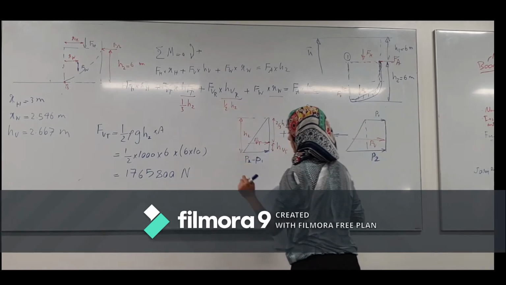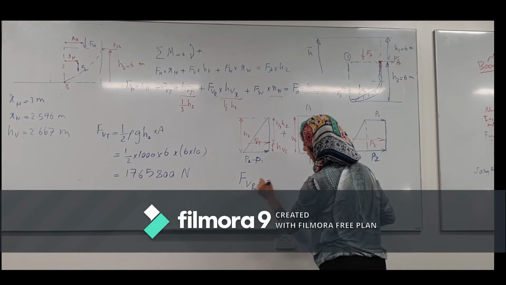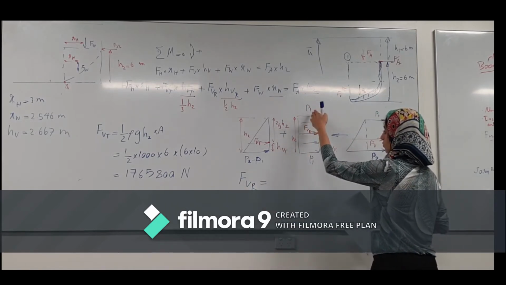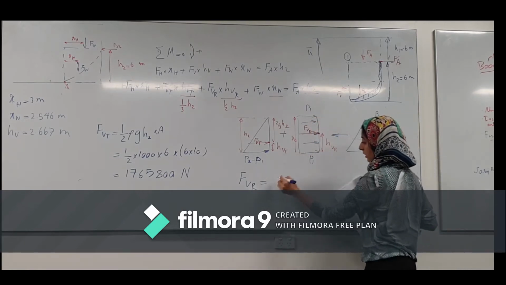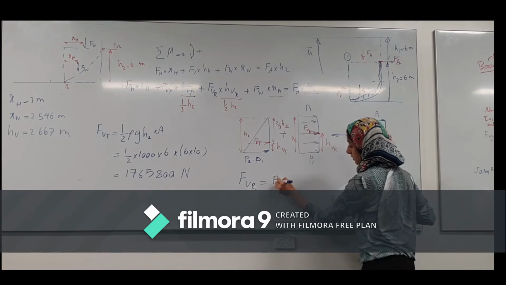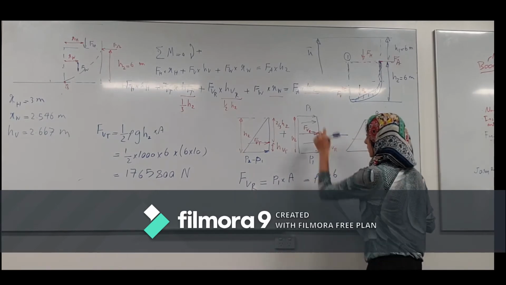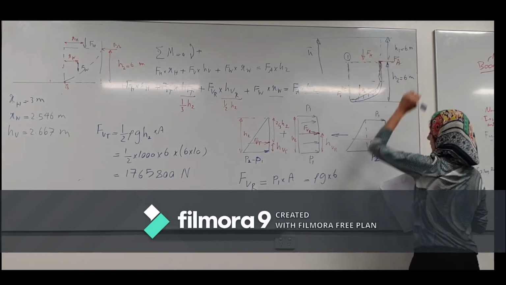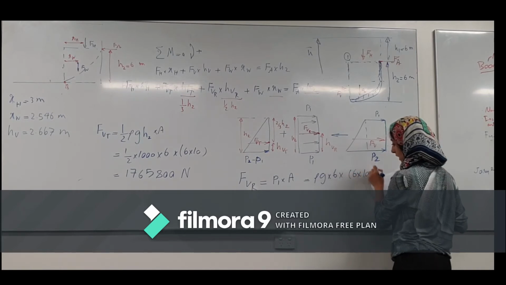The next one, the vertical force due to the rectangular shape, is the constant force. Whatever the P1 is, we just need to multiply it by this area. So it's P1 times area, and P1 is equal to rho g times 6 meters, because the pressure here is at 6 meters, times area, which is 6 times 10.